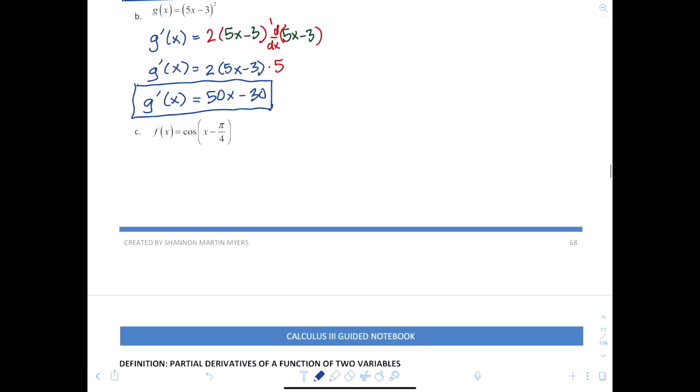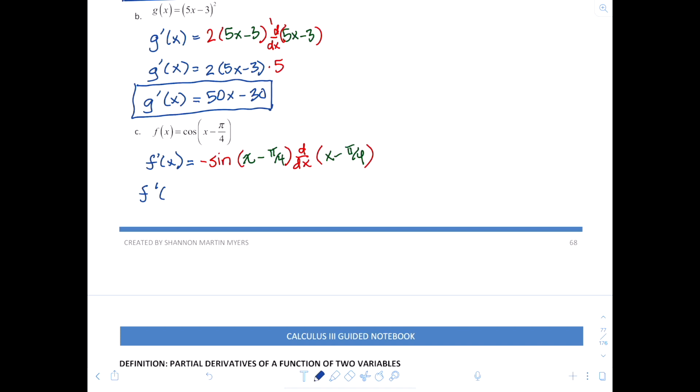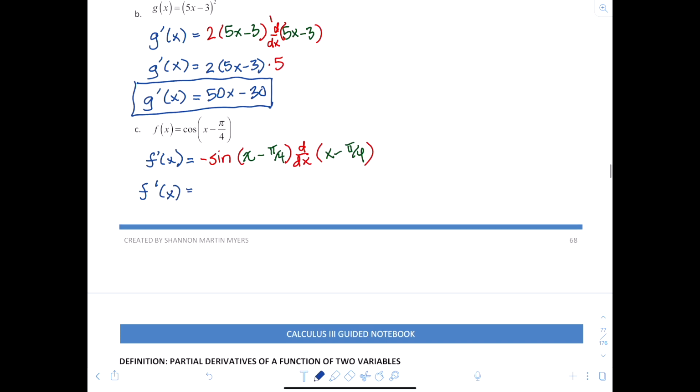And then let's see, again with the chain rule, f prime at x, the most outside deal going on here is that we've got the cosine of something. So differentiating, we'll have minus the sine of something times d dx of our something. So that something was x minus pi over 4. Continuing, we will have f prime at x is equal to negative sine at x minus pi over 4.